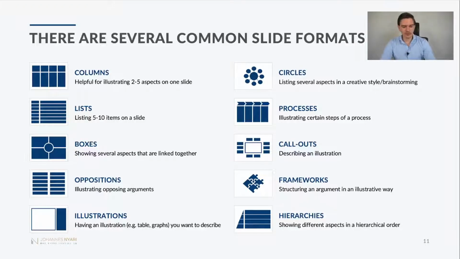Then the next part would be that you have a slide that shows illustrations. So if you want to show a graph and describe the graph, then you typically use this 2/3, 1/3 logic. Of course, this could also be half and half, but this means that you have a graphical illustration in one box, and in the other box, you have a description in a bullet point format.